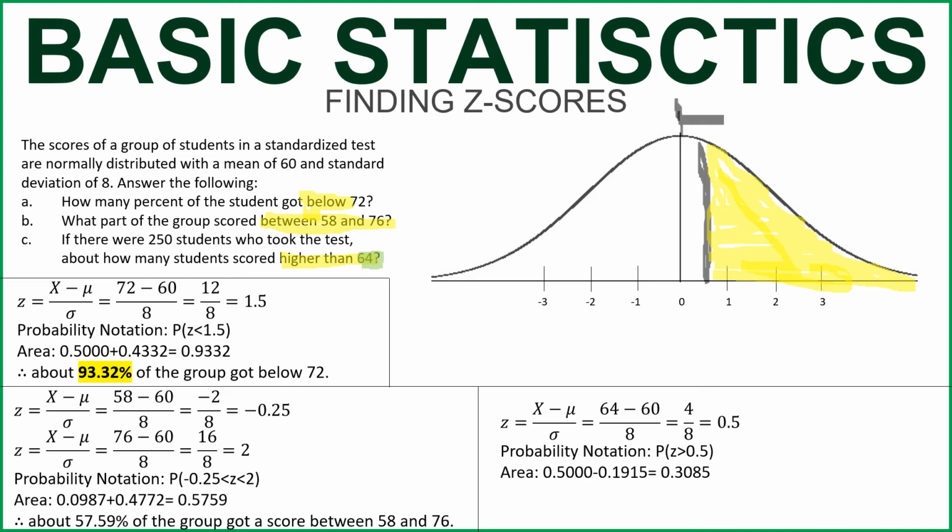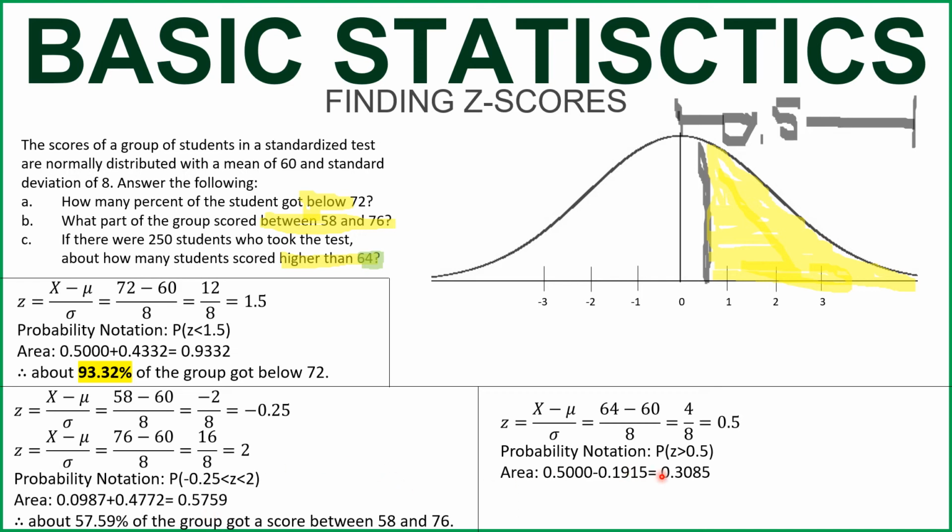Kasi 'di ba? 1 yung total area ng bell curve. Technically, yung kalahati ng bell curve is 0.5. Okay, dun nanggaling yung pinag-subtract natin sa 0.1915.